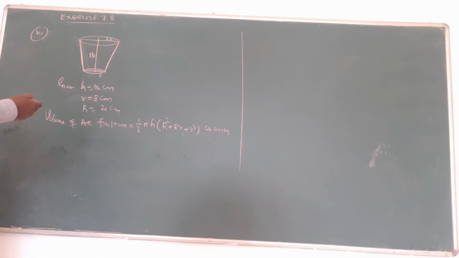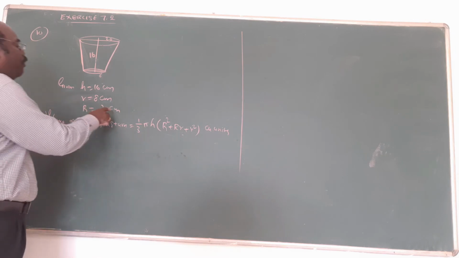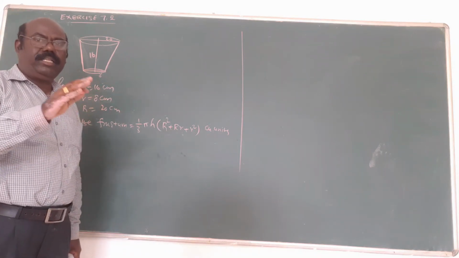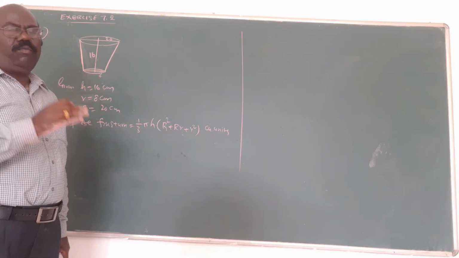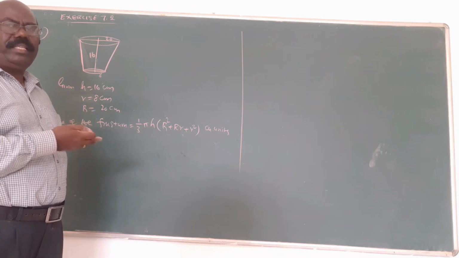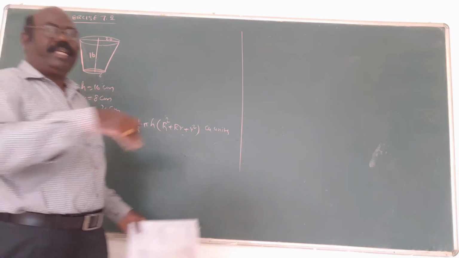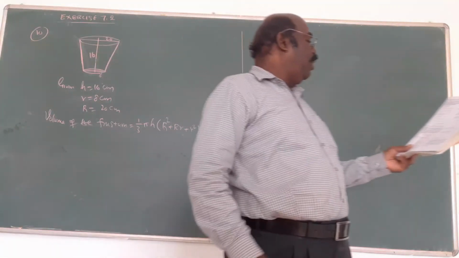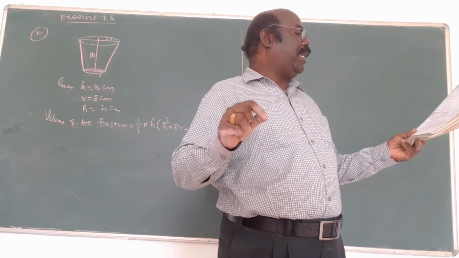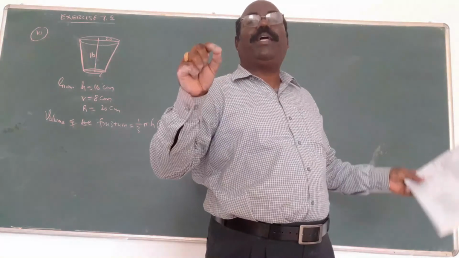Now substitute the values, and we get the answer in centimeter cube. H, capital R, small r are given. The capacity of the container is being asked, so you will find the volume as usual. Now what is being asked in the last line? Find the cost of milk which can completely fill the container at the rate of 40 rupees per liter.